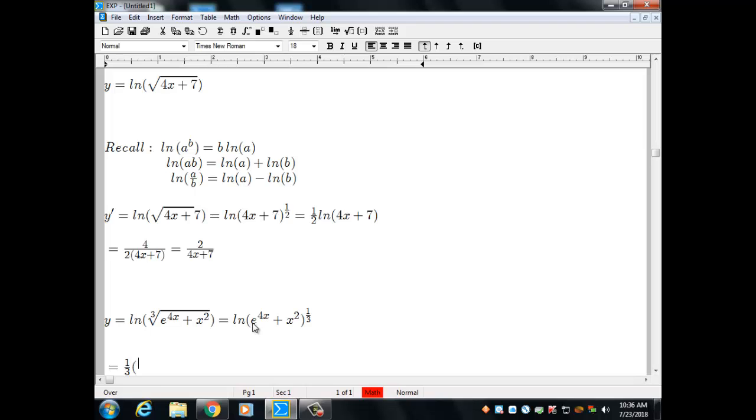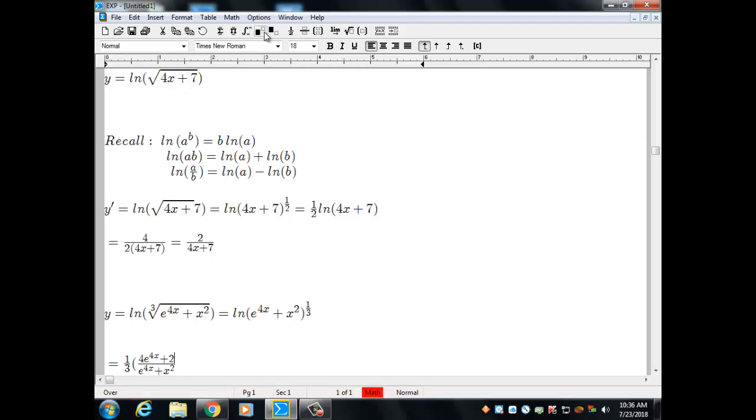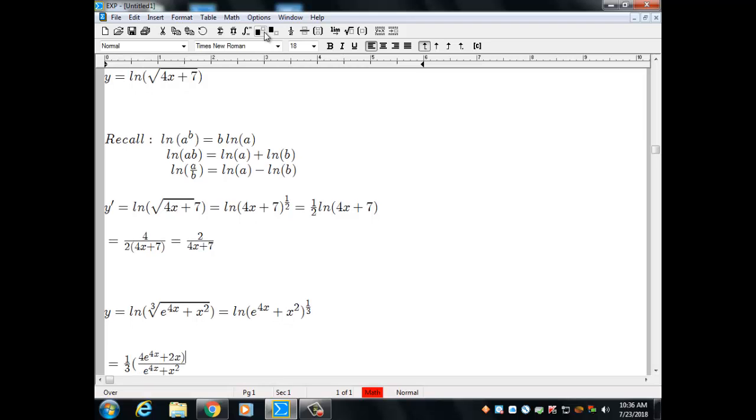Well, here we're going to copy and paste this piece to the bottom, because that's what it always goes to the bottom. Right? And then on top, we got to put the derivative of this piece up there. Yes? So the derivative of this piece is what? 4e to the 4x plus 2x. Do we agree?